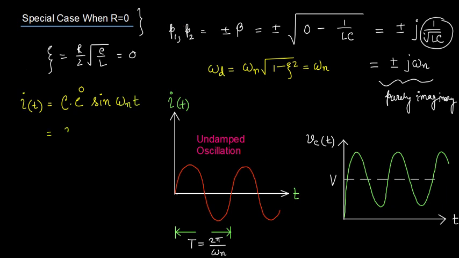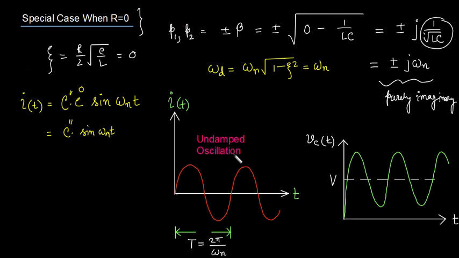So current is some constant C into sine omega n t, called C dashed or C double dashed. That means the current is oscillating with the natural frequency, and as no damping is present, this oscillation sustains. This type of response is said to be an undamped response or sustained oscillation.